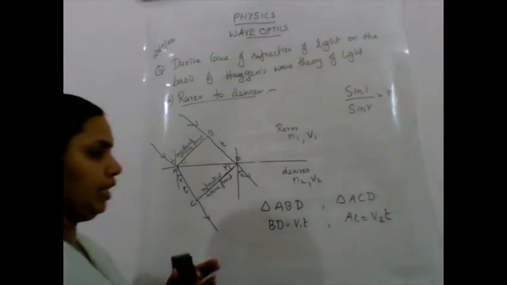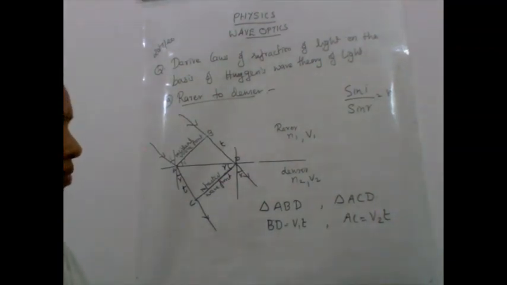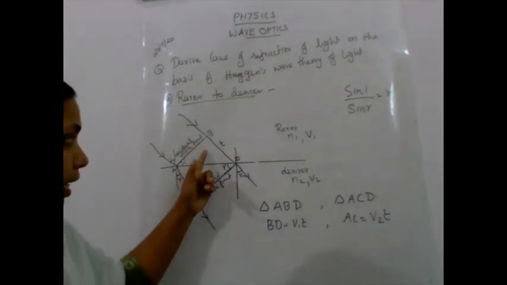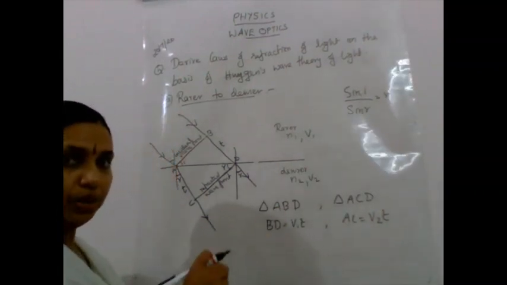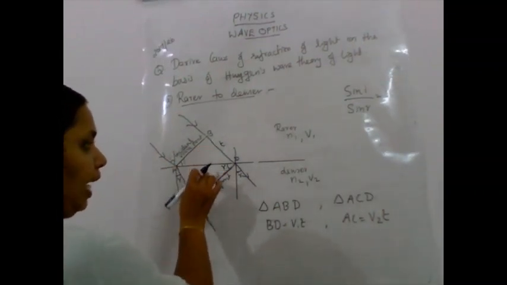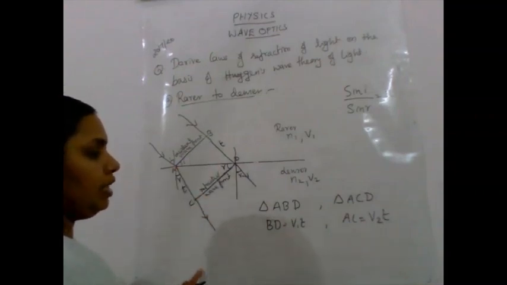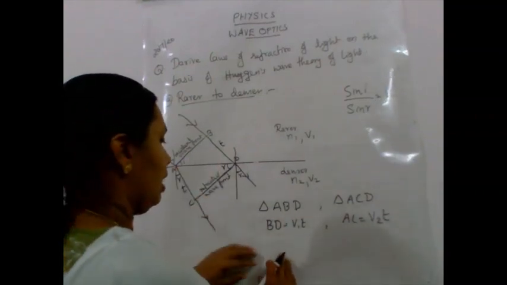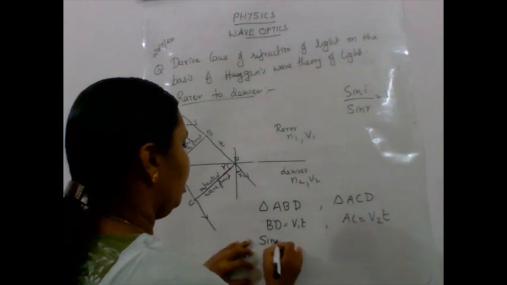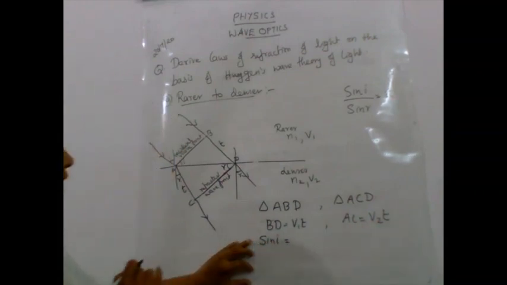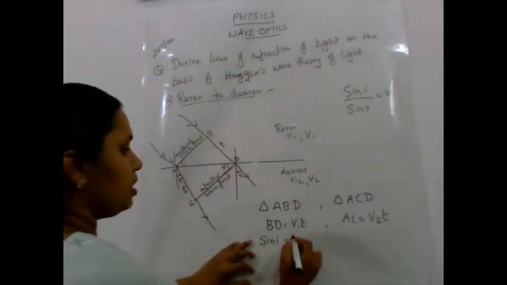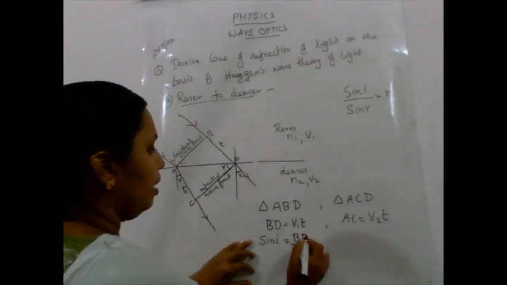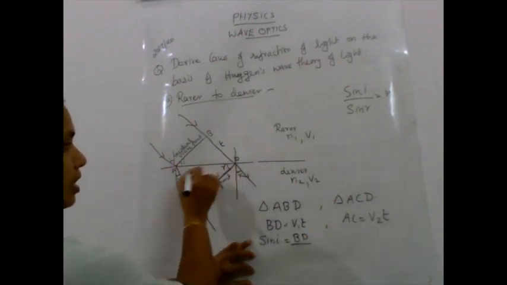In this diagram, we have to get this relation, sin i by sin r. We know that already. So from these triangles, we can find out what is sin i and what is sin r. From the first triangle, we will get sin i. Sin i is opposite side by hypotenuse, that is BD by AD.